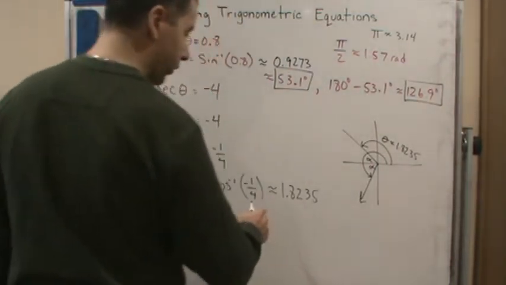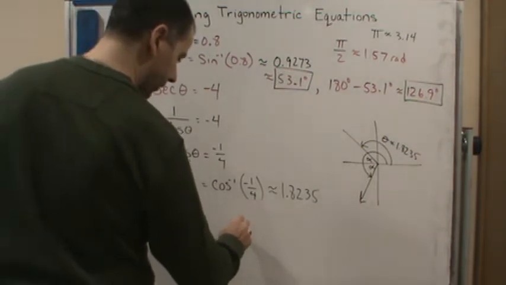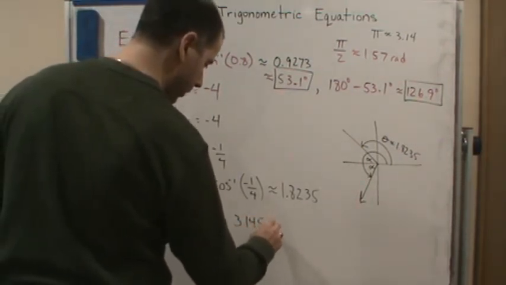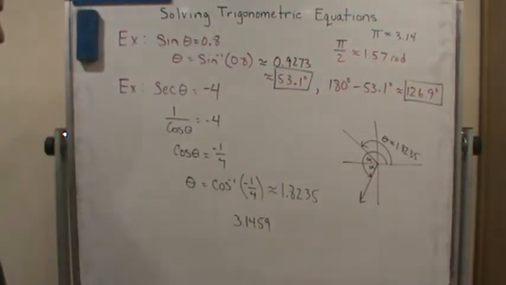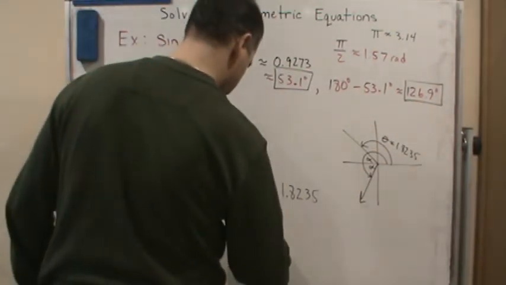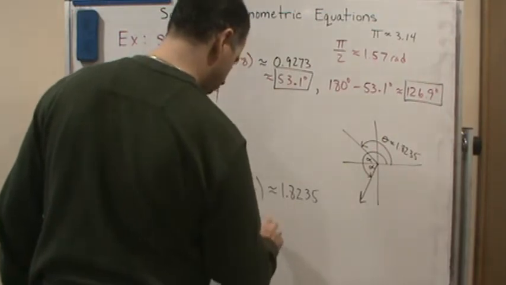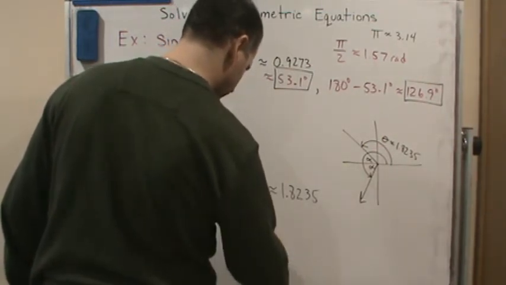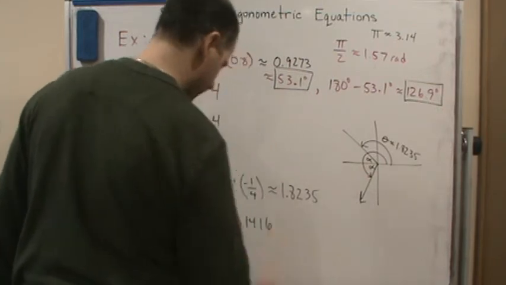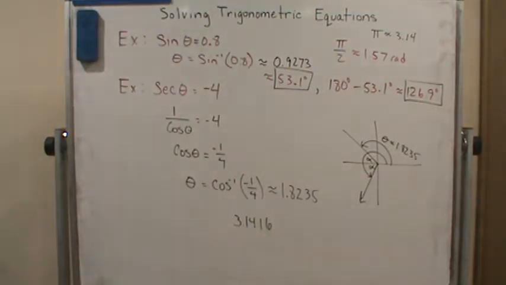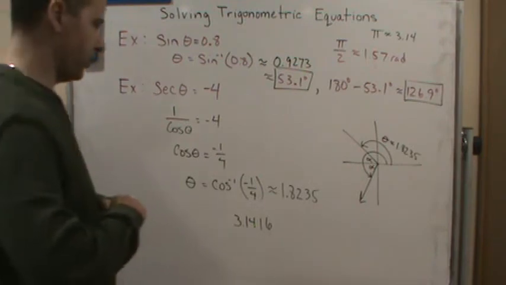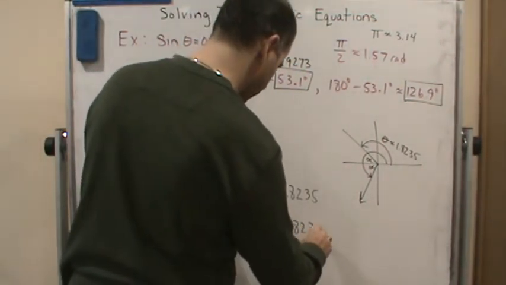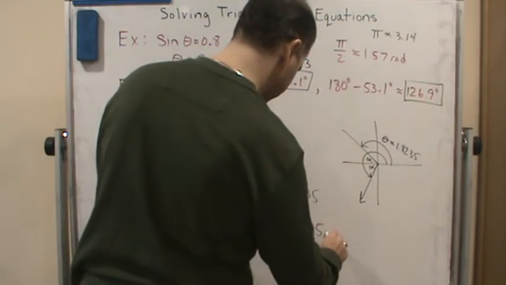So we take pi, which is approximately 3.14159, so I'm going to round that to 6. Okay? And so what I'm going to do is take this and subtract off 1.8235.